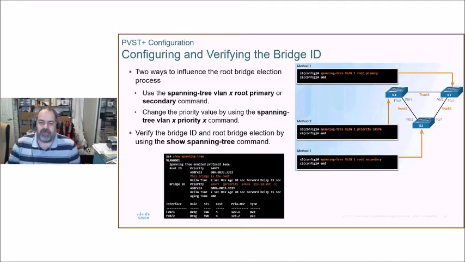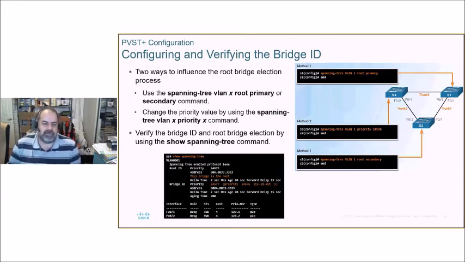If you have another switch, that would be your second best one. You can actually do spanning-tree vlan 1 root secondary, and so that will have a slightly larger priority. Or you can actually just manually type in that number. But primary and secondary is a wonderful thing.